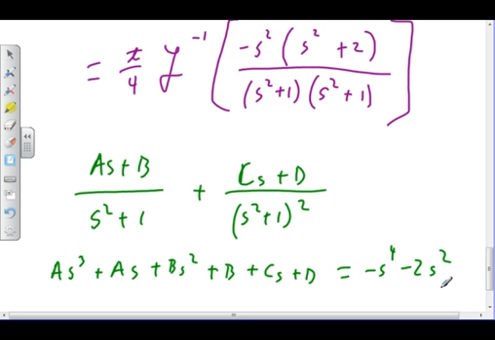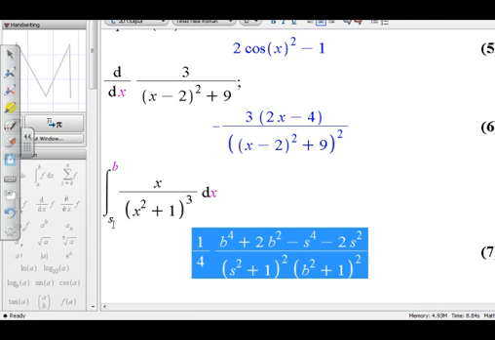Why don't I have an s to the fourth term? Right, so I took the integral, so I did that right. Did I not? Did that right. These guys, wait a minute. Hold it, hold everything.